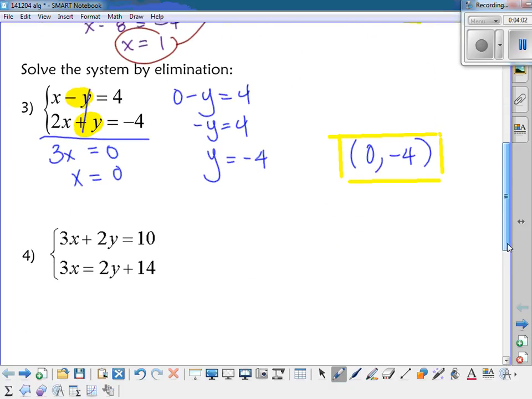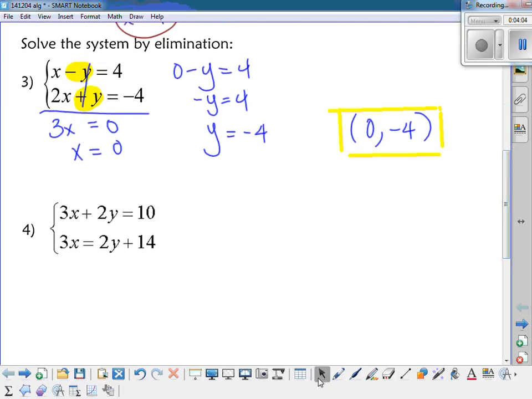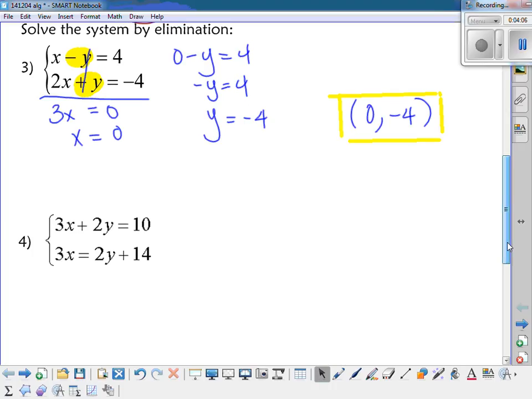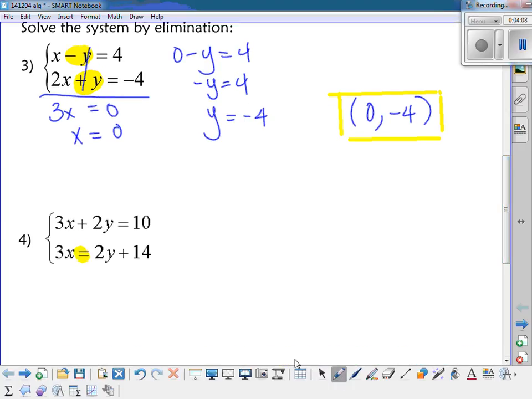All right, hopefully you guys were careful on number 4 here, because is everything lined up the way it's supposed to be? They're not, are they? We need to have the equal signs in the same place. We need to have plus or minus signs in the same place, and x's and y's.